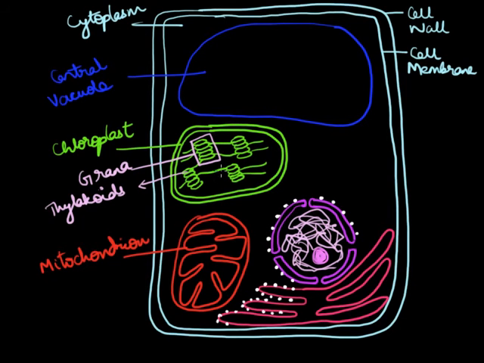Okay, let's label these parts before we go to the next step. So this is the nucleus. This is the nuclear pore. This is the nucleolus.